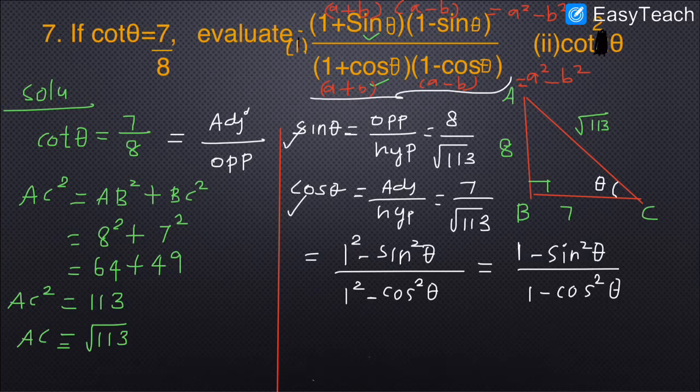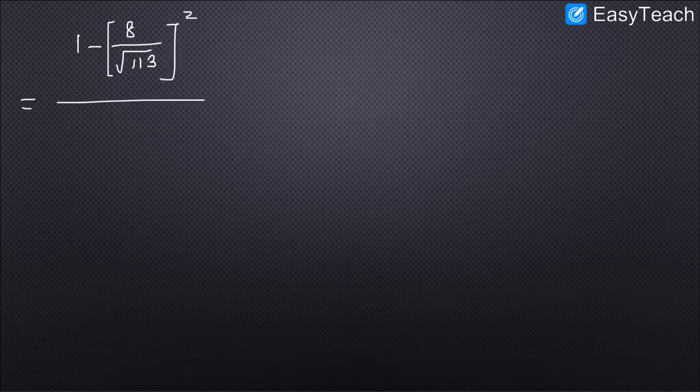So 1 minus sin square theta equals 1 minus, for sin theta, 8 by root 113 the whole square, and next on the denominator 1 minus 7 by root 113 the whole square.